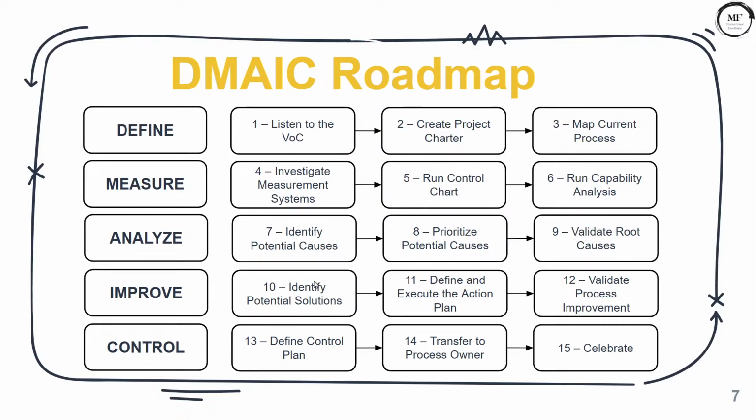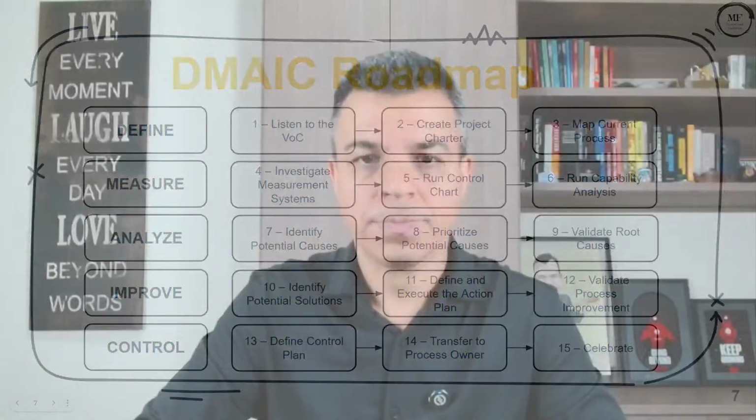Then let's identify the potential solutions with the experts. Let's find the best solutions and execute the action plan. And let's validate process improvement. Then let's control, let's maintain the positive results.